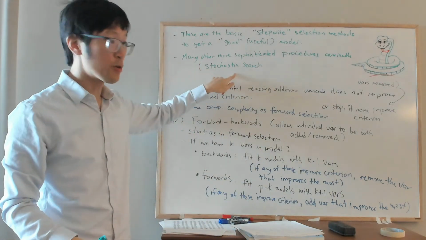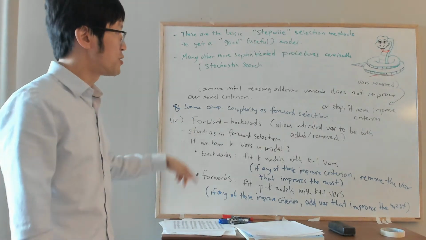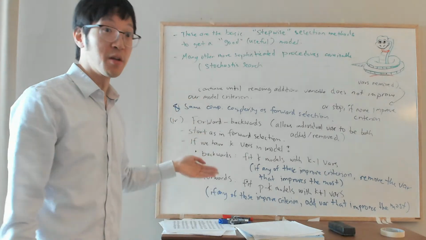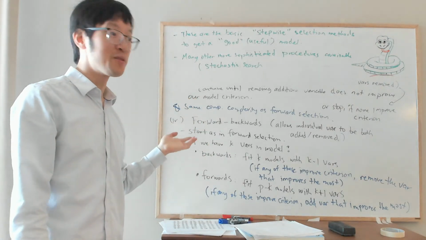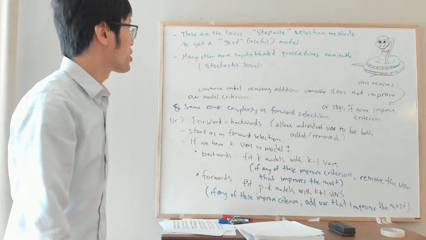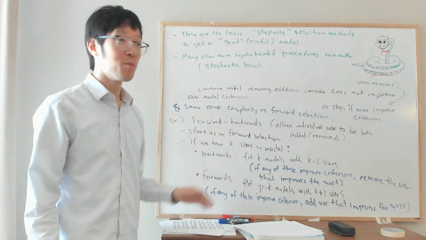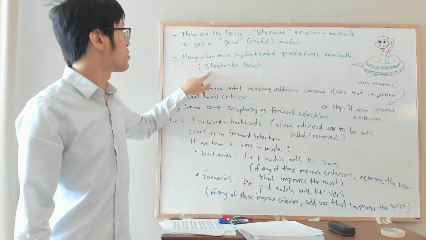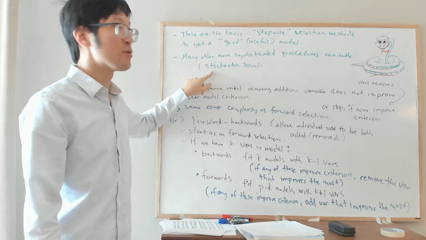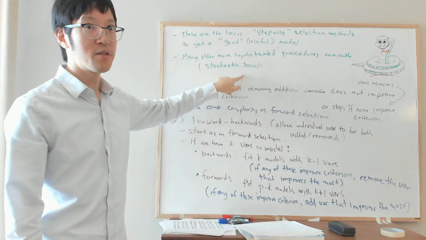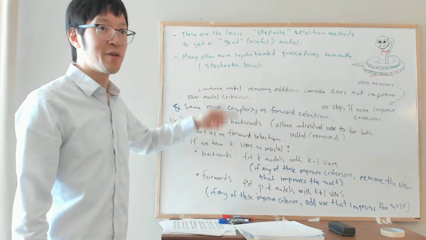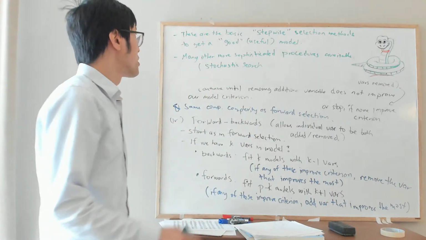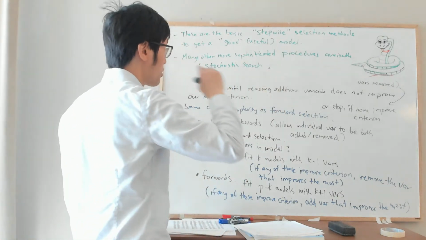The reason I point out stochastic is that this procedure is deterministic: every time I carry out forward selection on the same data set, it necessarily gives me the same answer and the same variables in the model. There are other procedures that involve some stochastic search, in the sense that if we run it with different random seeds, we could end up with different models, and then we can pick the best of those, for instance. And then there are also different kinds of penalization methods.